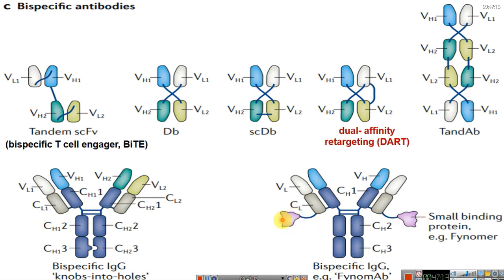So it might have some affinity to a particular target, leading to the binding of the antibody to the site. Okay, so here phenomers are being attached to the constant region of the antibody molecule.